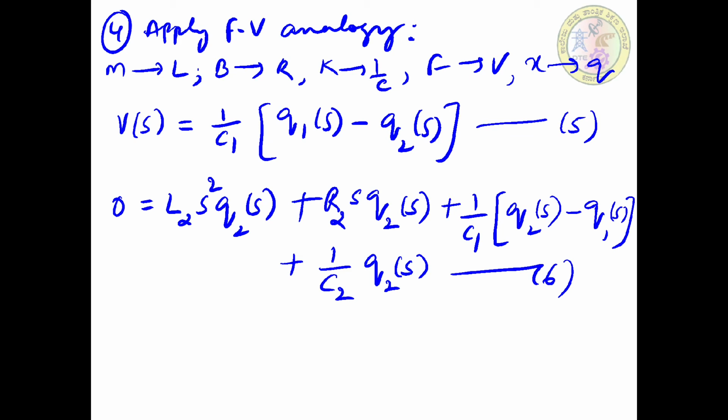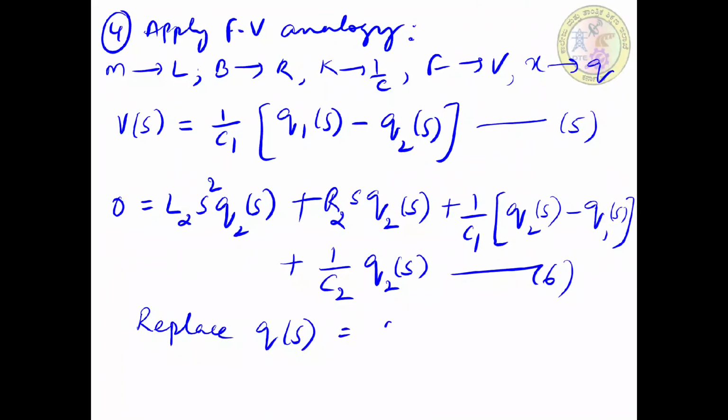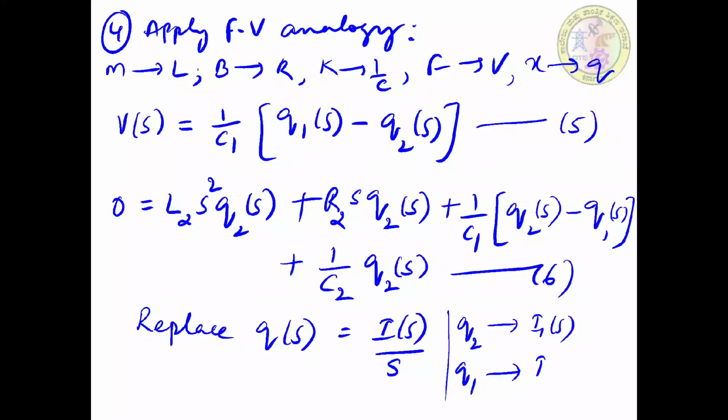Now next we have to obtain 7 and 8 by replacing Q(s) by I(s)/s. So Q2 will be replaced by I2(s)/s, and Q1 will be replaced by I1(s)/s. So again we will rewrite.